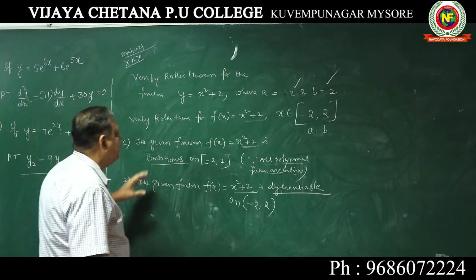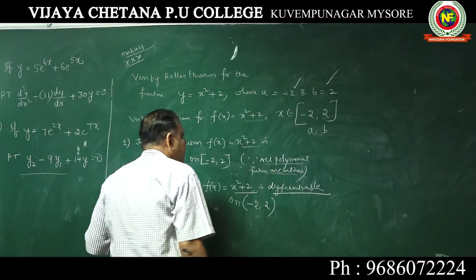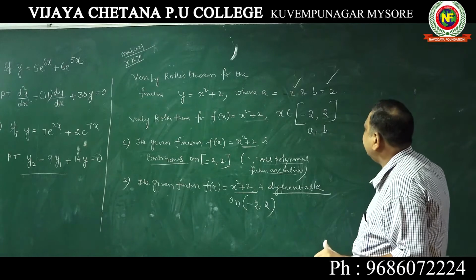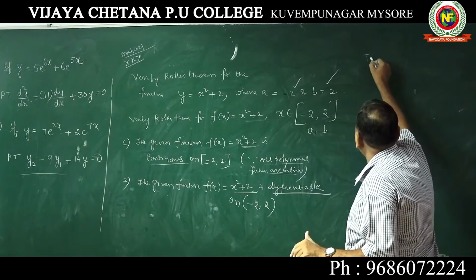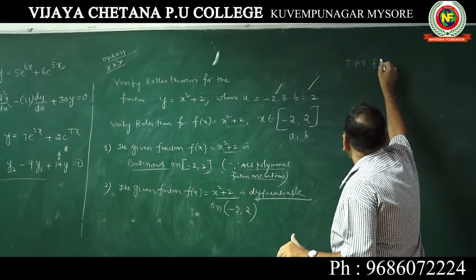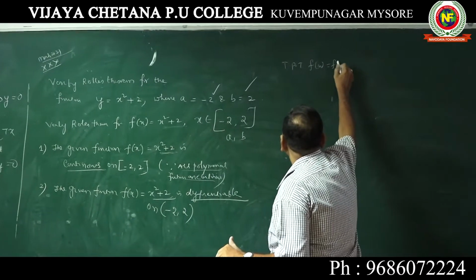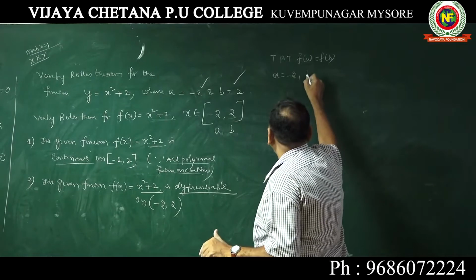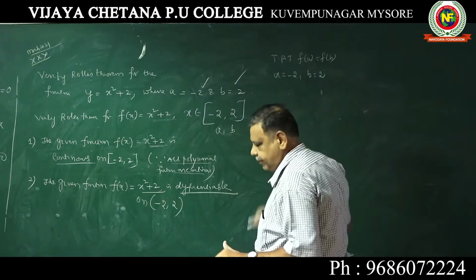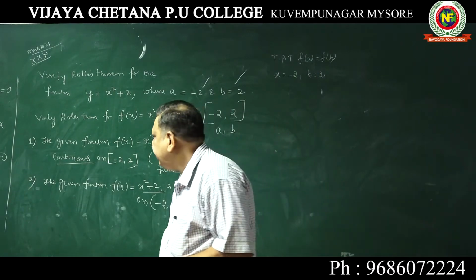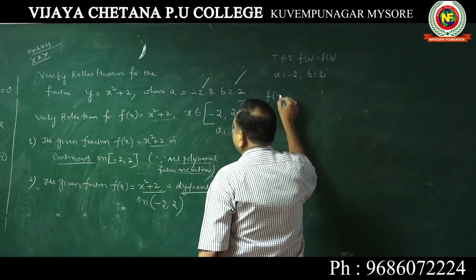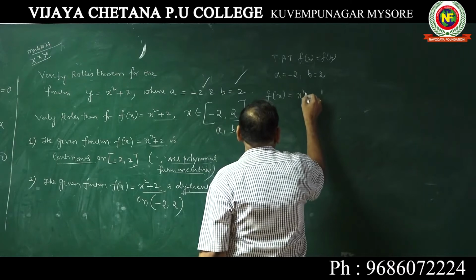Now the third condition, after the first two: you have to prove f of a is equal to f of b. How to prove that? You know a is minus 2 and b is 2, and you know f(x) is x squared plus 2.